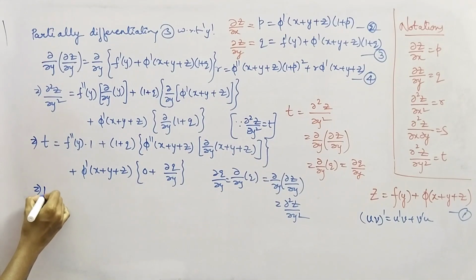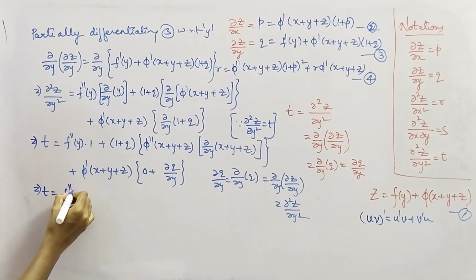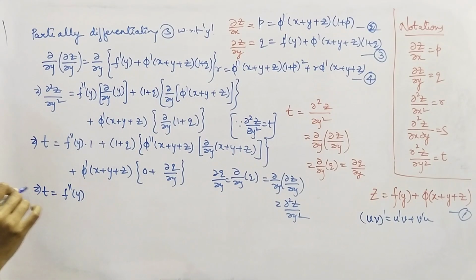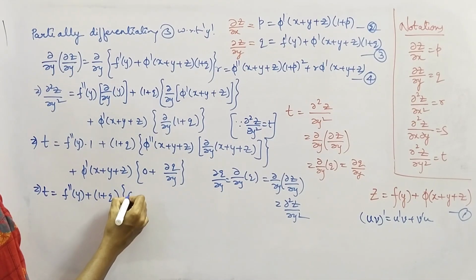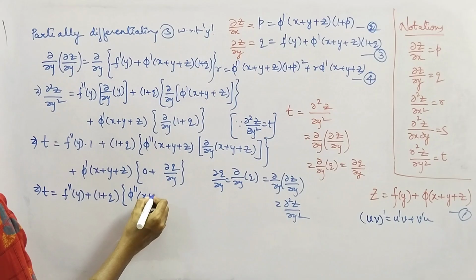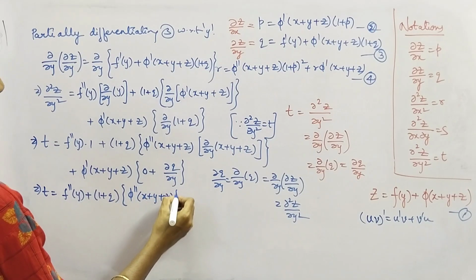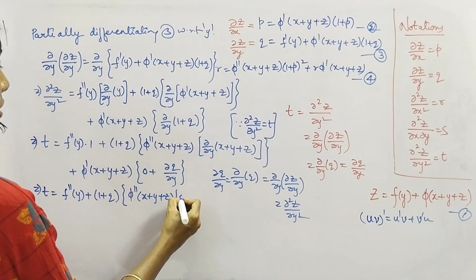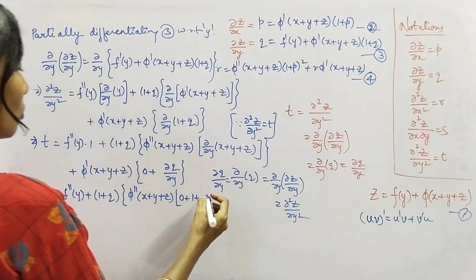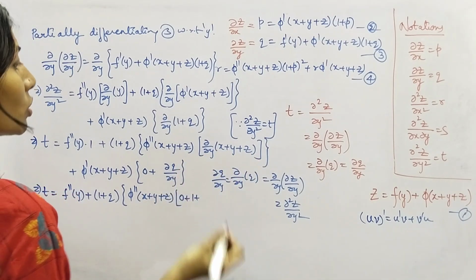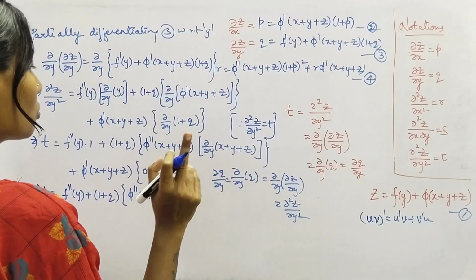Now this gives us t equal to f''(y) into 1 gives f''(y), plus (1+q) times φ''(x+y+z) into the inner derivative: the partial derivative of x with respect to y is 0, plus the partial derivative of y with respect to y is 1, plus the partial derivative of z with respect to y is ∂z/∂y, which can be replaced by q.